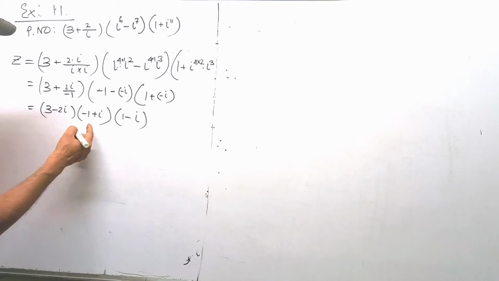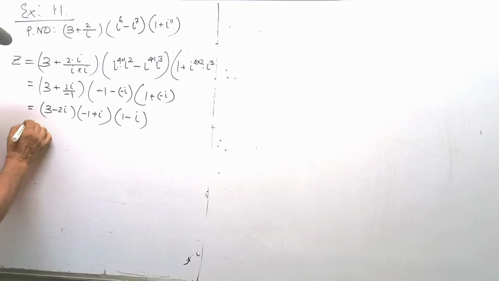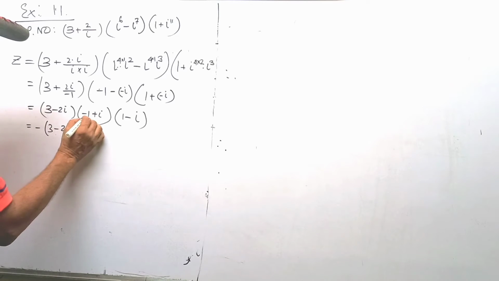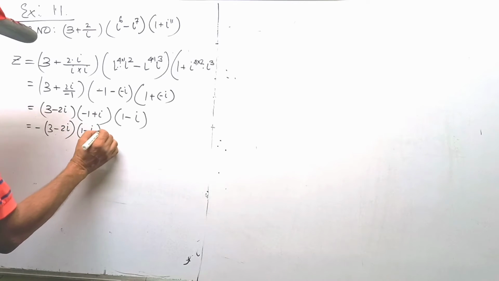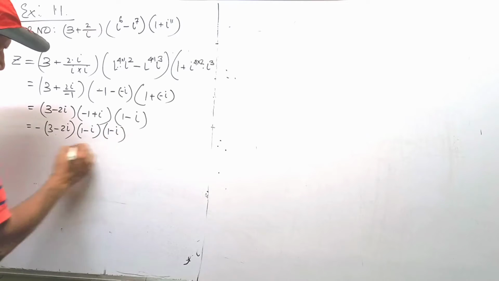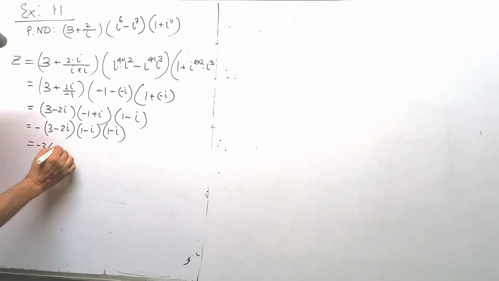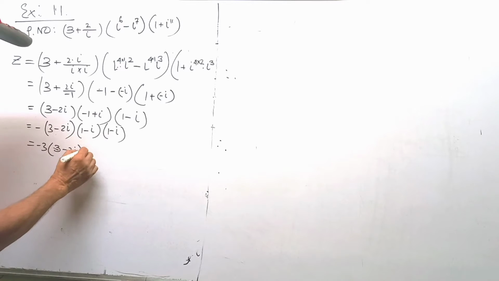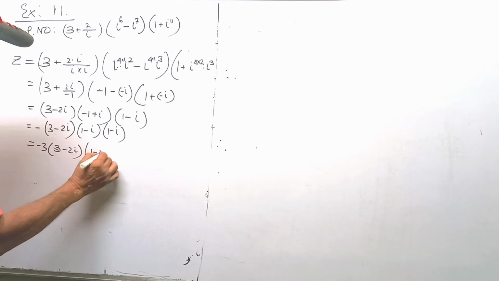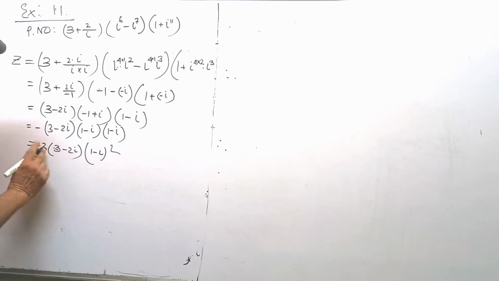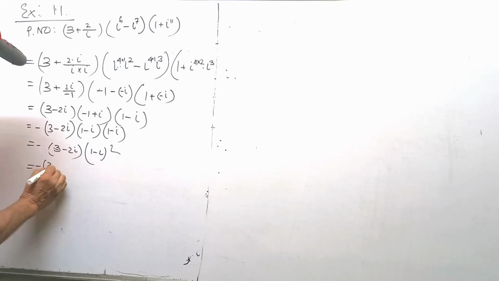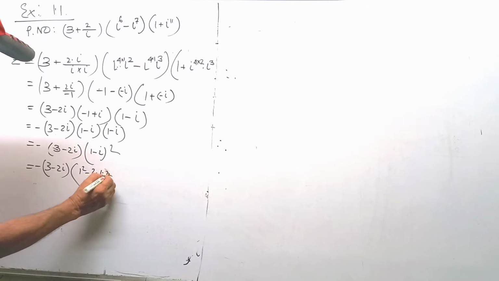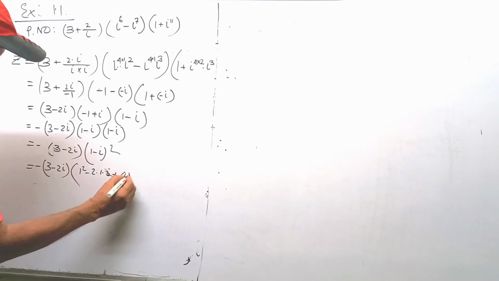If I do one thing, take the common minus, that is 3 minus 2i minus, taking common 1 minus i, and 1 minus i. Hence we can write 3 minus 2i equal to 1 minus i the whole square, minus 3 minus 2i, 2ab plus b square.